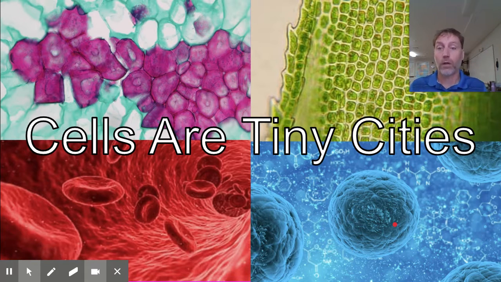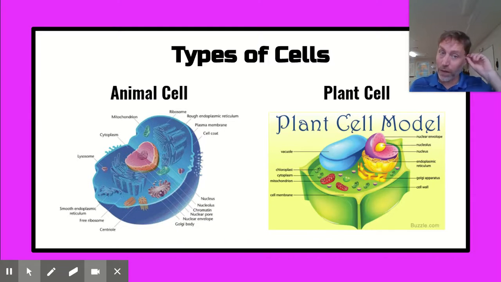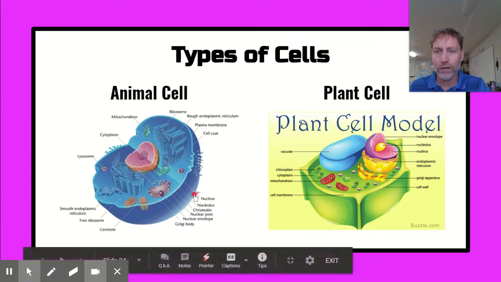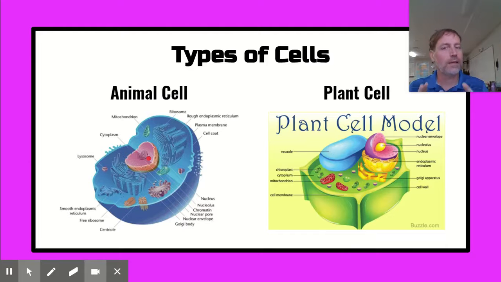Now, all cells are tiny little cities. We're going to spend a whole chapter on what the cell is and all the different parts, what are called the different organelles of a cell. Here's an example right now: an animal cell and a plant cell. Inside the cell are all these different organelles, or you can think of them as team members or parts of a city.